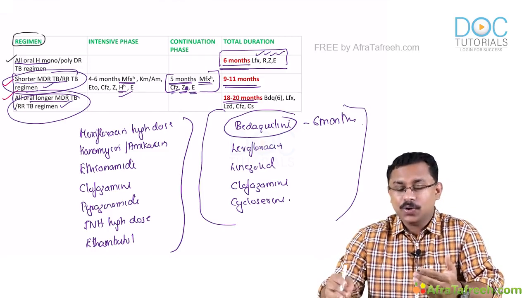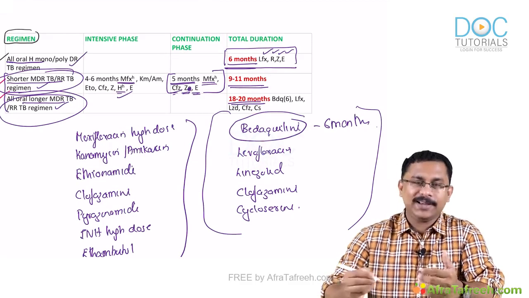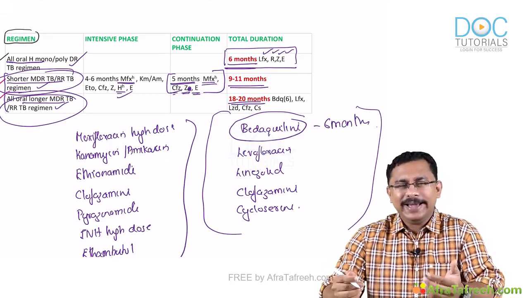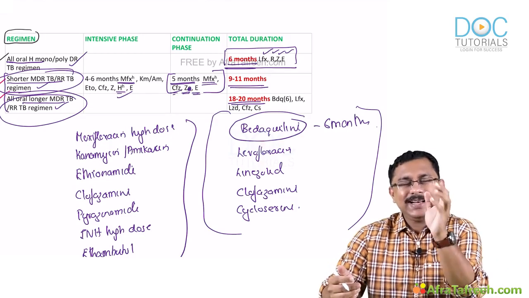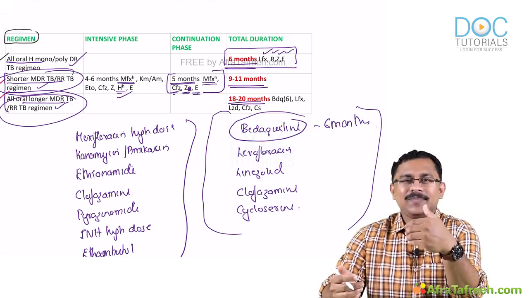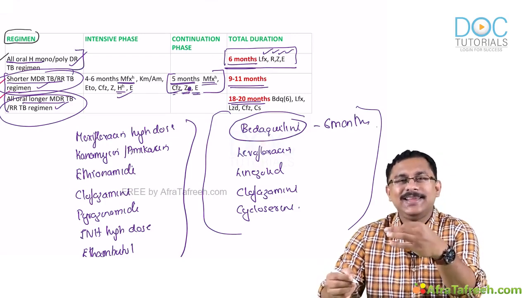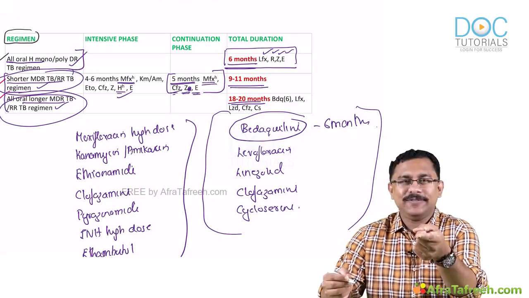And in some cases, suppose you are going for the first regimen, the INH monoresistance, and if you find that the patient is remaining sputum positive, it is said that if after the 5th month of starting this regimen the patient is persistently sputum positive, you might have to prolong the intensive phase.